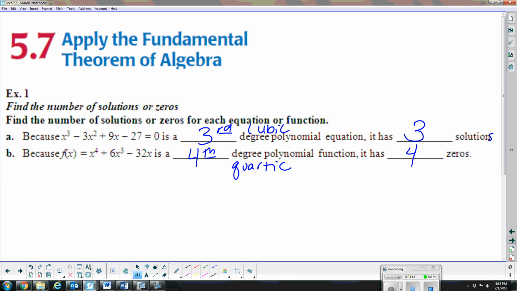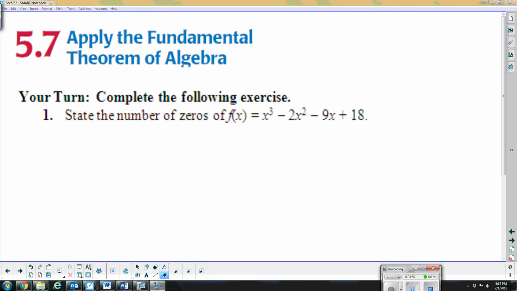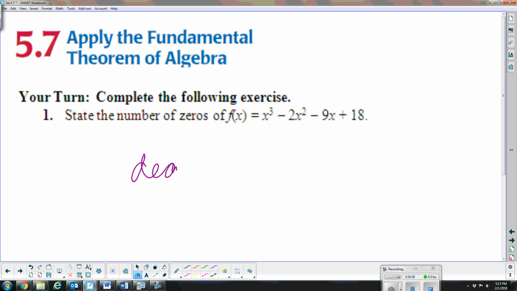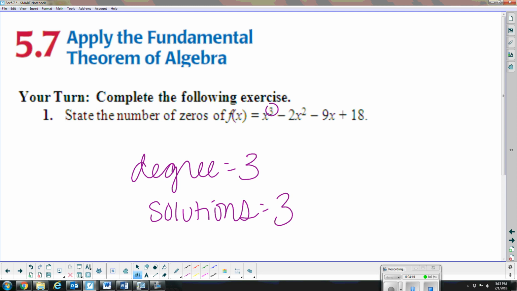And the next one, because f of x equals x to the 4th plus 6x cubed minus 32x is a 4th degree polynomial function, or a quartic function, it has 4 zeros. So let's look at this example. How many zeros are in this function? Well, first you should look at the degree. And the degree of this function is 3. So there are 3 solutions.